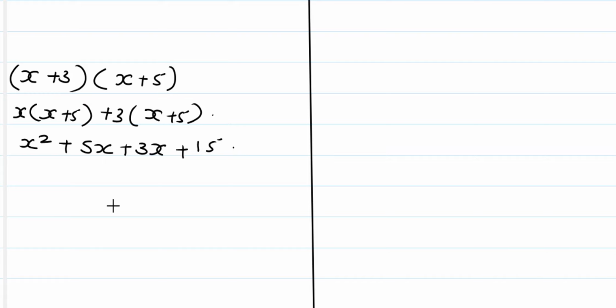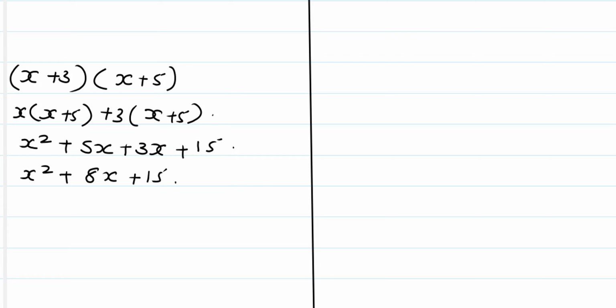But you see, these 5x and these 3x are like terms. So what we do, we add them. So it becomes x squared plus 5x plus 3x, which is 8x, then plus 15. And that becomes the solution of this question.